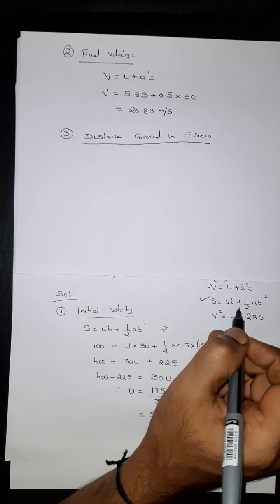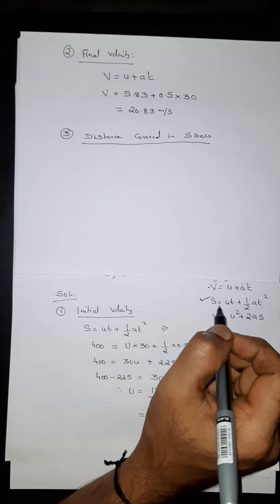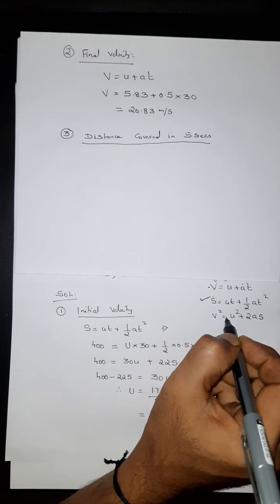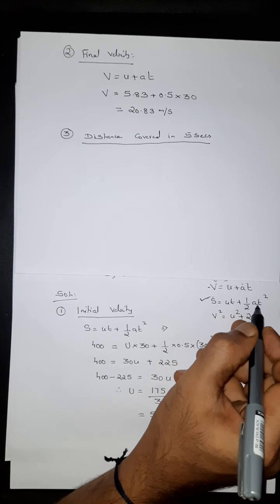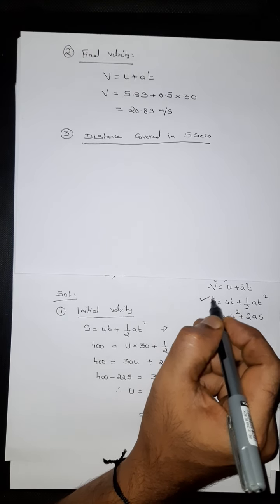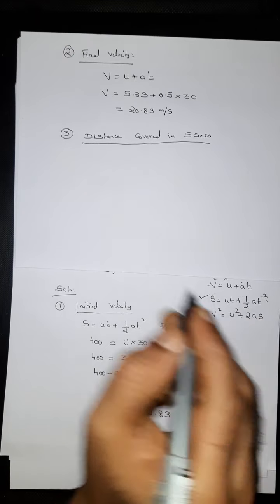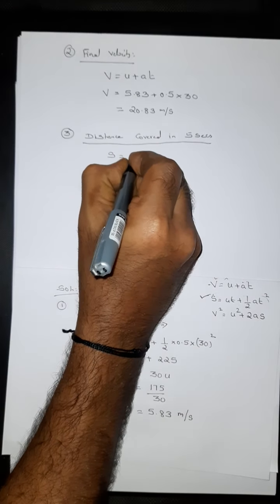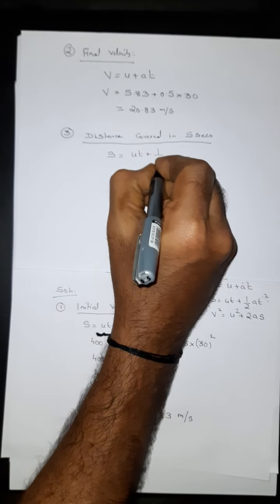The displacement is reflected in only two of these formulas, and time is given. So therefore this is the formula to be used: S is equal to UT plus half AT square.